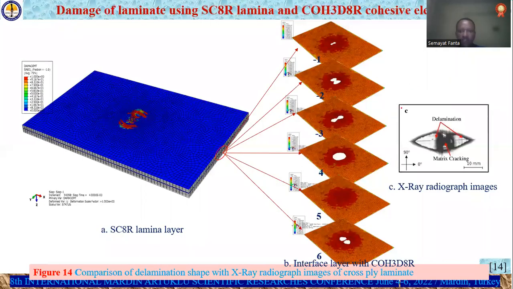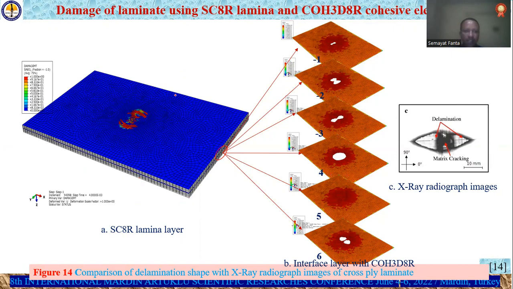This is using the continuum shell element modeling technique. I use this for comparison purposes. So these are the delamination shapes at the top interface, second top interface, third, fourth, fifth, and the last, sixth interface.